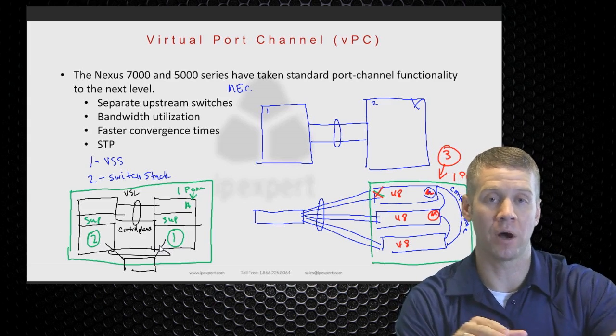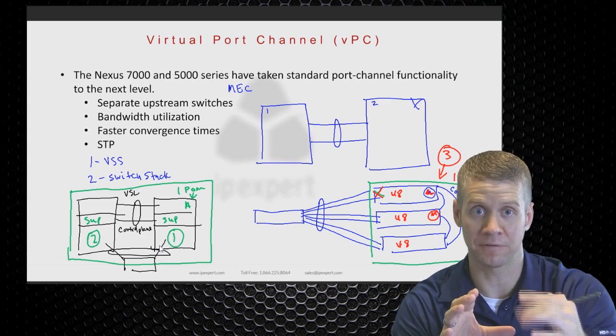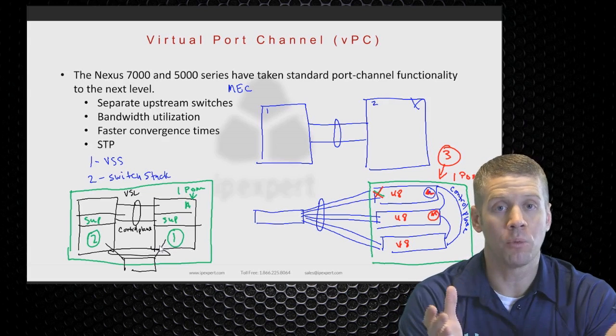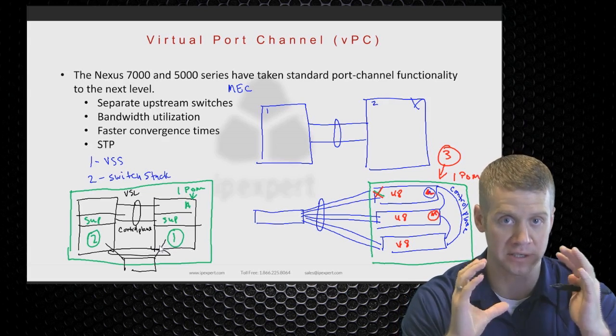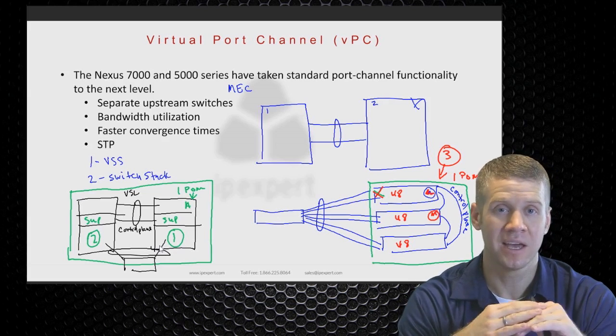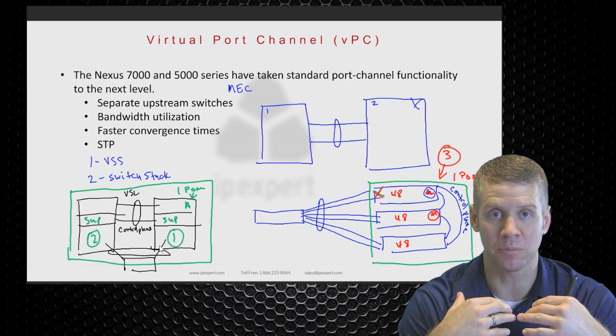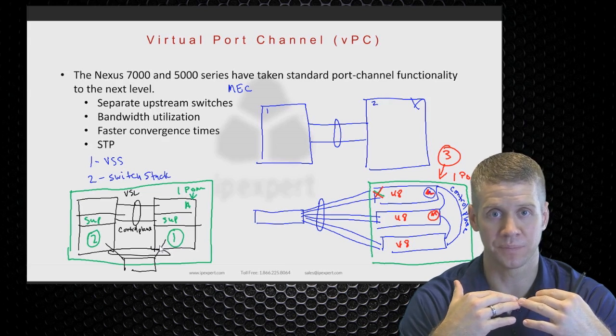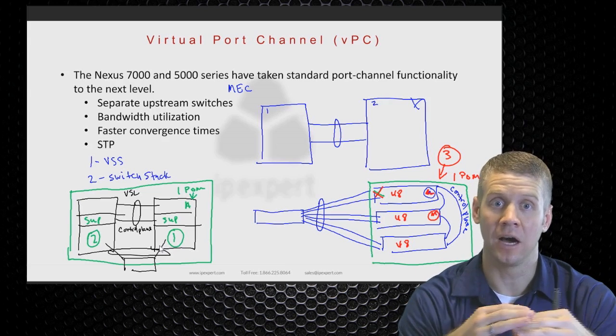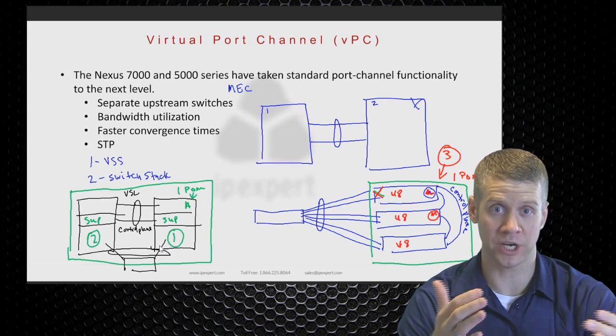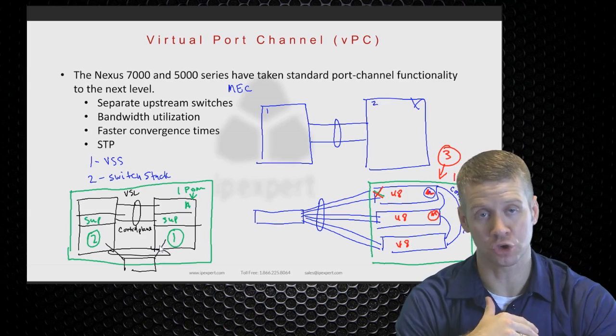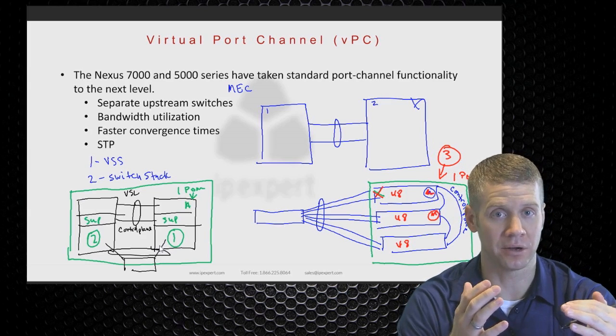Granted, while we converted one switch, all the traffic failed over to the other one, but we did not stop traffic flow. We brought VSS up, and as far as I know, we never had any problems with it while I was still with that organization. So VSS ran fine. We got all the benefits of multi-chassis EtherChannel, but again, we had that shared control plane, which a lot of people don't like.